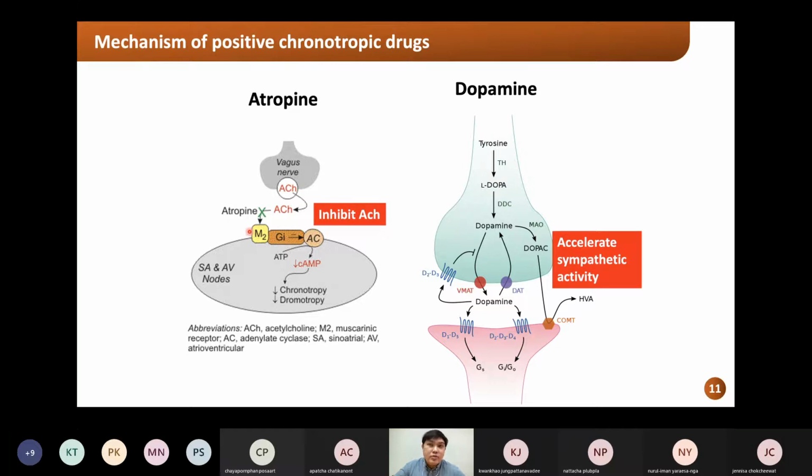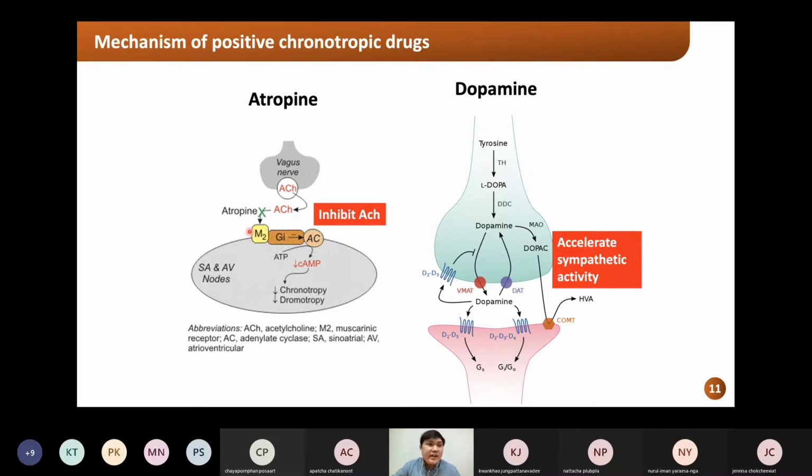It's just like the story from the second year in physiology, that the heart is controlled by two kinds of nervous system, right? Parasympathetic and sympathetic. The parasympathetic is controlled by the vagus nerve, and the sympathetic is controlled by the CNS, something like that.